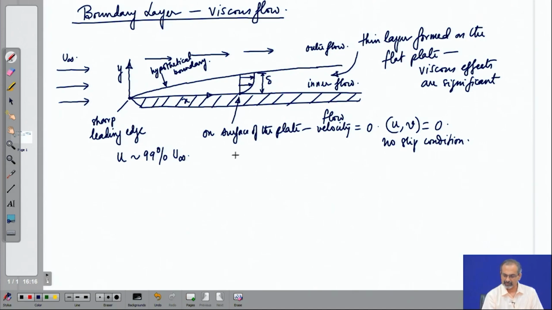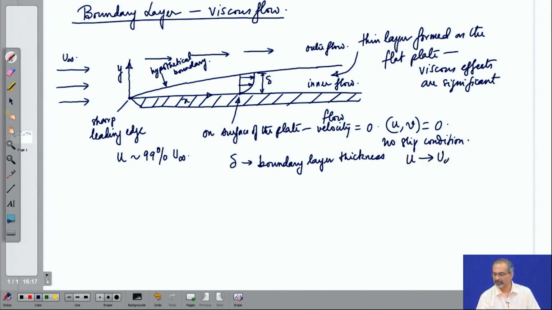That is what is called the boundary layer thickness. Mathematically, we would say that when u tends to u infinity at y tending to infinity, we have the edge of the boundary layer. But for all practical purposes, we consider it to be 99% of the free stream velocity.